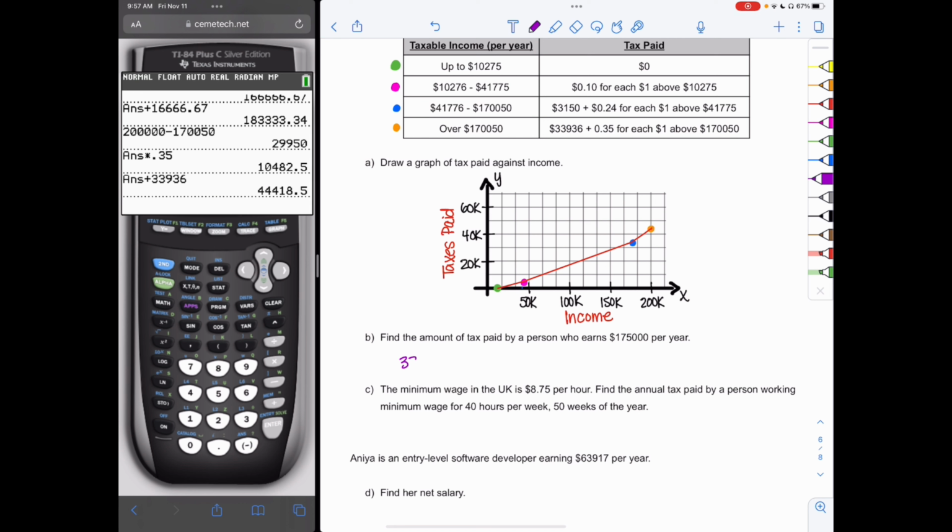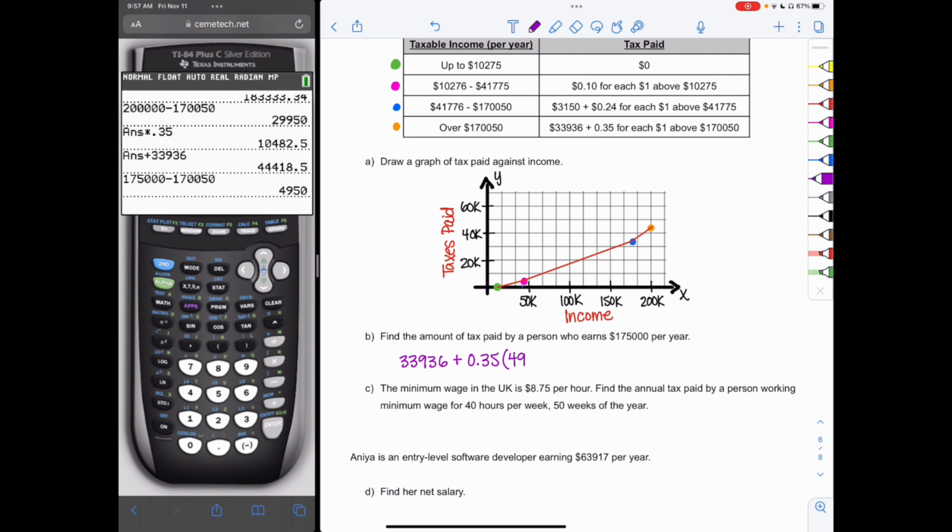to pay $33,936 plus 35 cents for each dollar above $170,050. So if I take $175,000 and I subtract $170,050, I will have to pay taxes on $4,950.